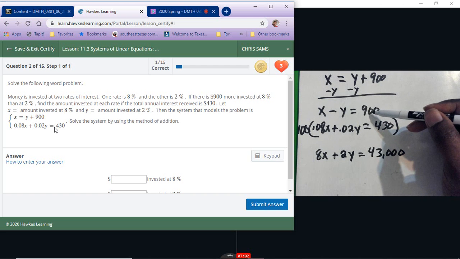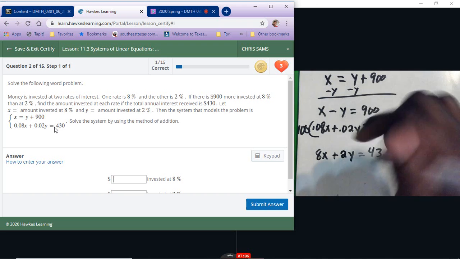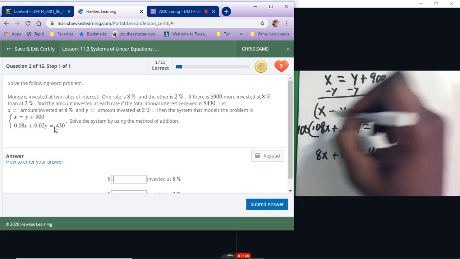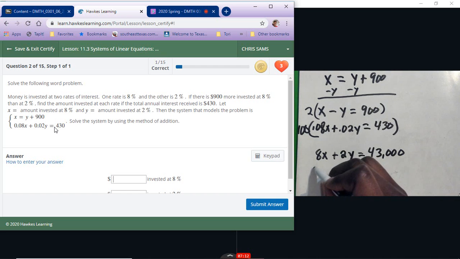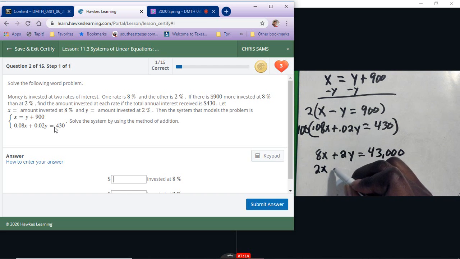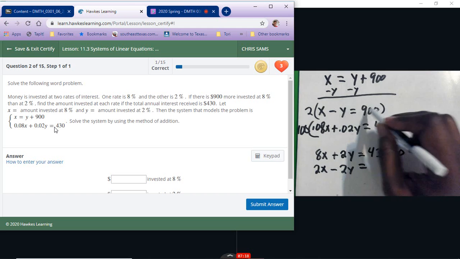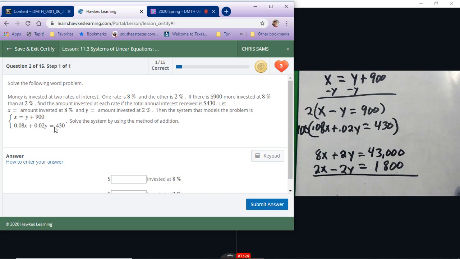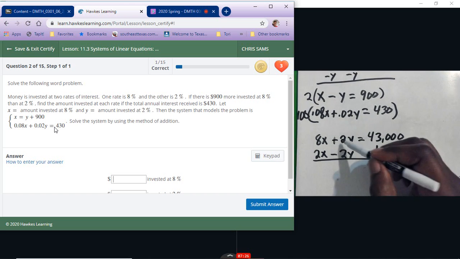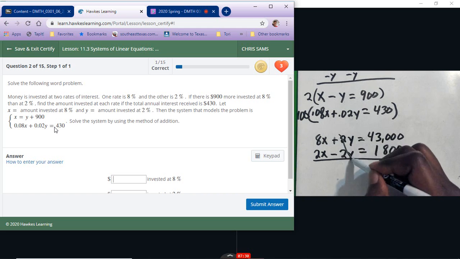I am going to multiply this equation, I need the same number, by 2 and distribute throughout here. So I'll have 2x minus 2y, and then 2 times this will give me 1,800. Alright, now we will add these two up, and notice the y's are opposite, so they will get eliminated. That's part of the method.